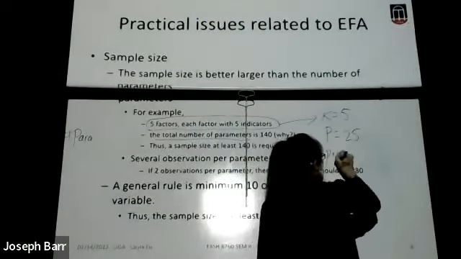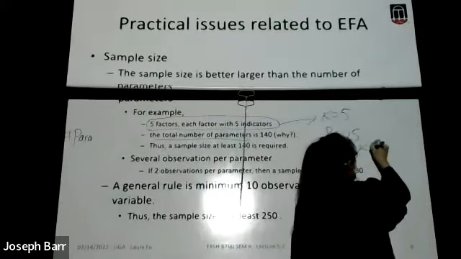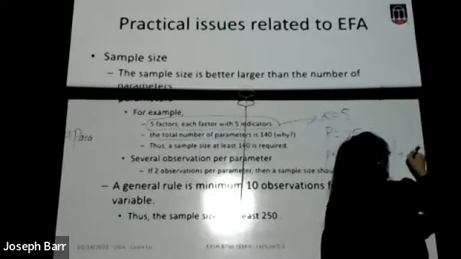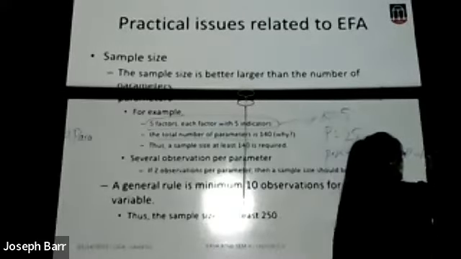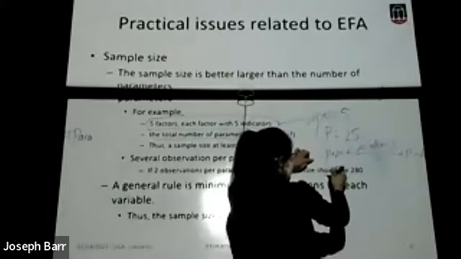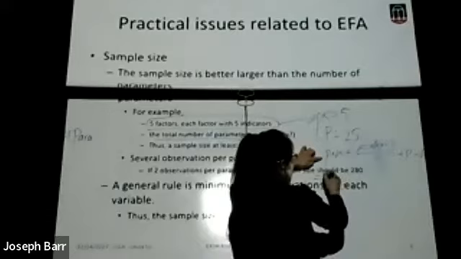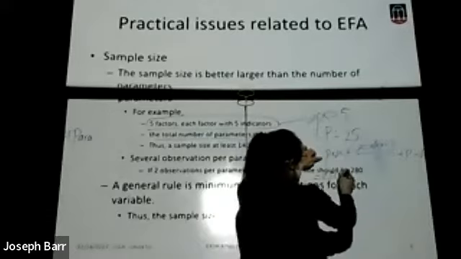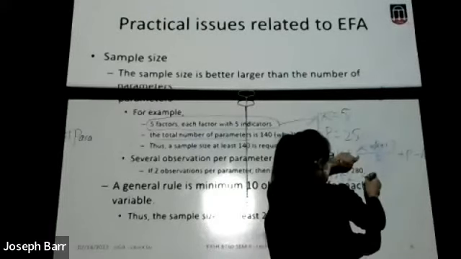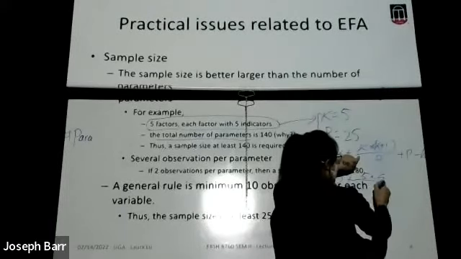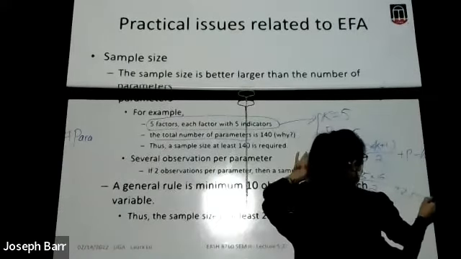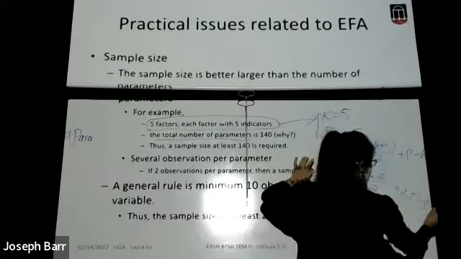We have P times K plus K times K plus 1 divided by 2 plus P minus K, squared. So P is 25, times K is 5, plus K is 5 times 6 divided by 2, plus P 25 minus K 5, squared.